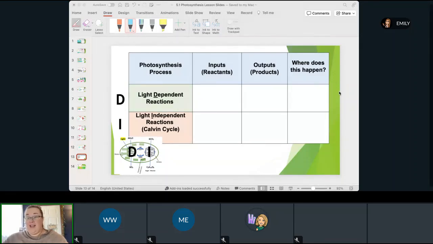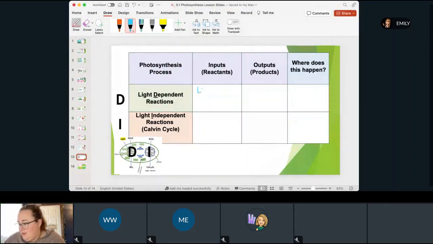Good, Elijah. Light and water are super important. So I need light and water, so 6 waters. Now, if I'm just looking at the light dependent reaction, what other 2 things do I need? These would have been on a blue arrow.